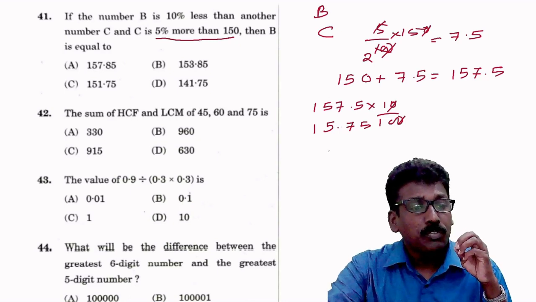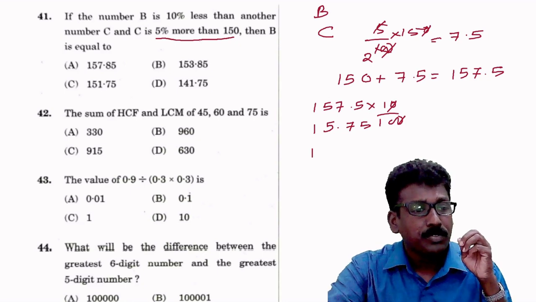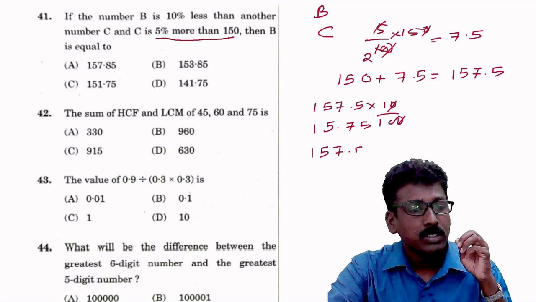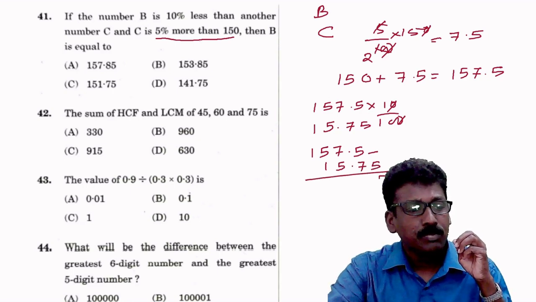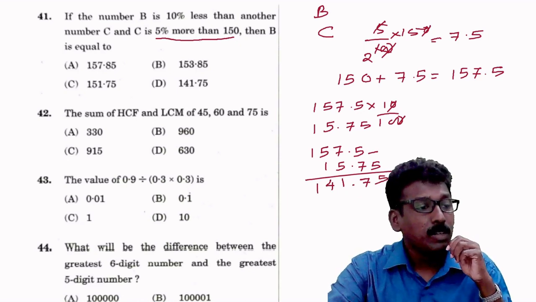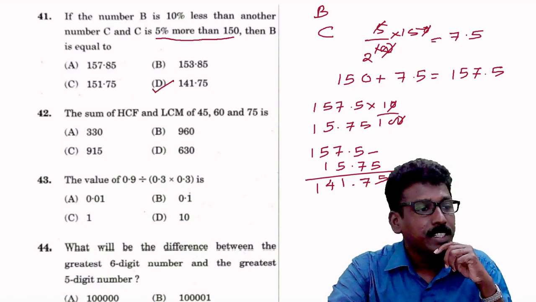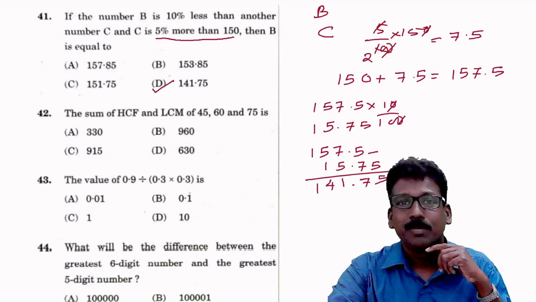So B is 15.75 less than 157.5, so it is 157.5 minus 15.75. So 141.75. D is the correct answer.